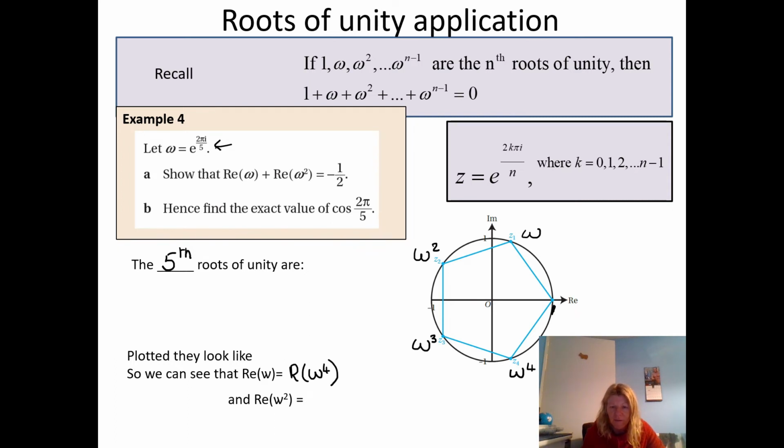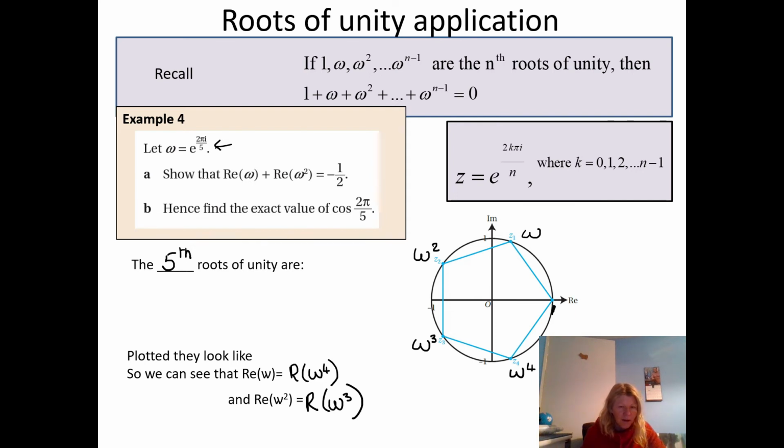Similarly over here, if this was, say, minus 3/4 along and half up, still it would be 3/4 along, half down. So the real part of omega squared is the real part of omega to the power 3. It's the same amount along.